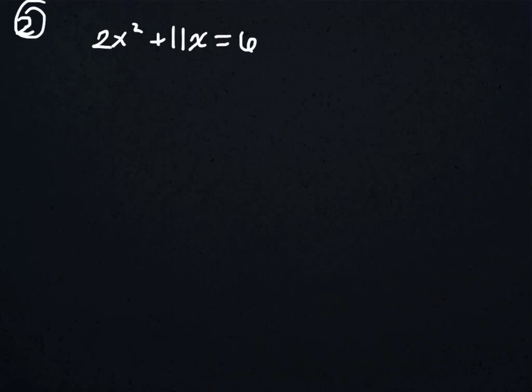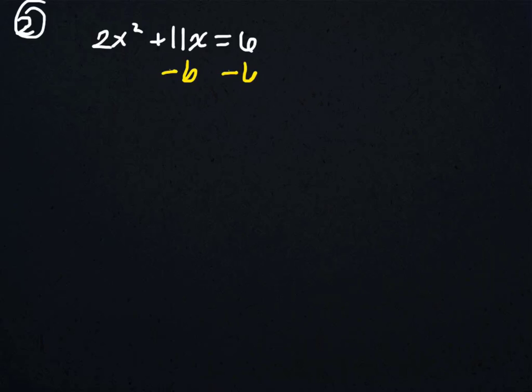So in this next one, we have 2x squared plus 11x minus 6 equals 6. I need to get the 6 moved over to the other side by subtracting. It can't combine with anything else.